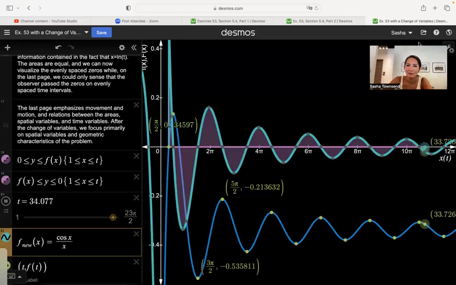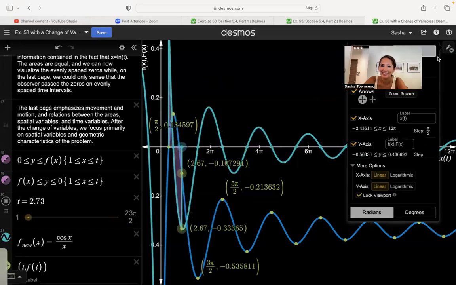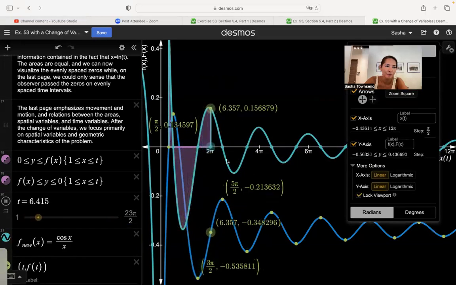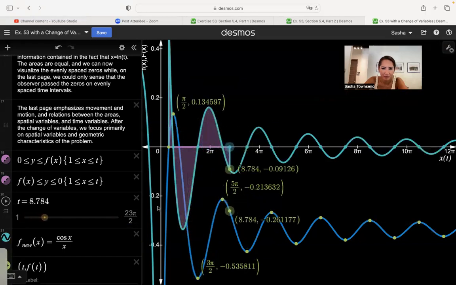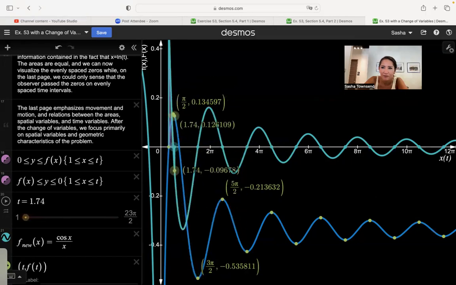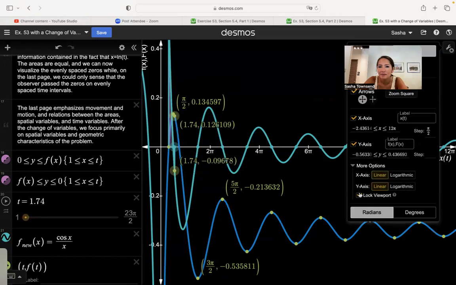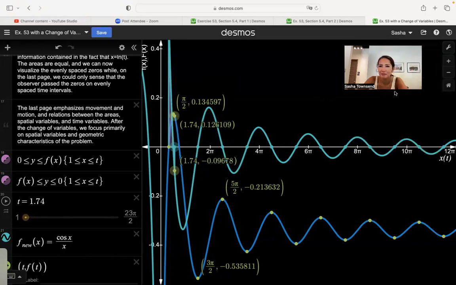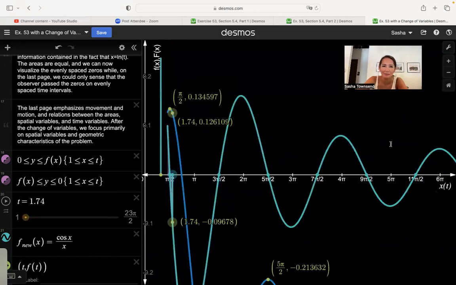So let's zoom in a little bit. If we look at that first interval, that first 0 of the function, I don't want to lock my viewpoint. I want to zoom in a lot.